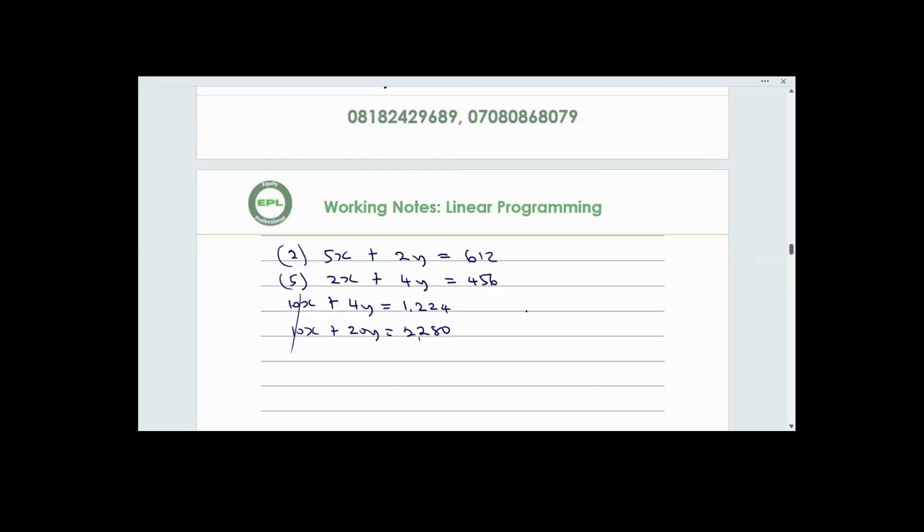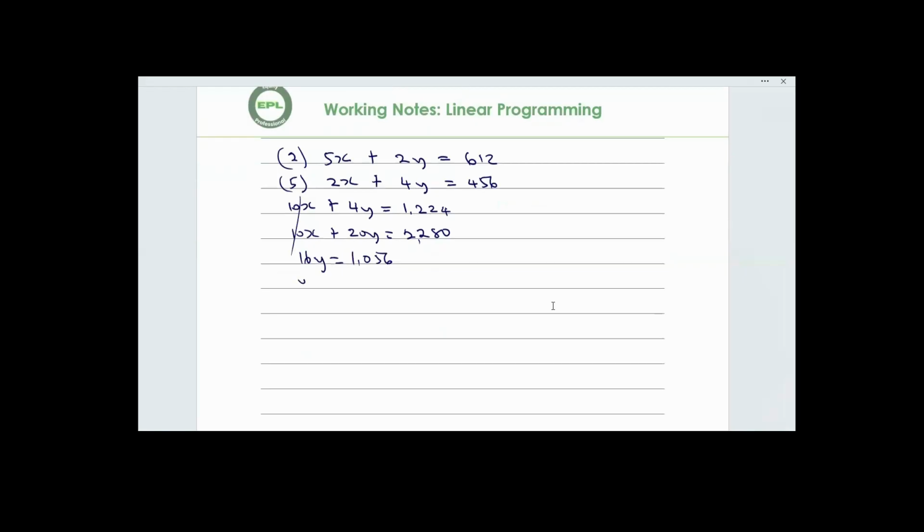So this will cancel that, and I have 16y equal to 2,280 minus 1,224, which is 1,056. Therefore y is equal to 1,056 divided by 16. What do you have? 66. 66 is y. Okay? Then substitute.